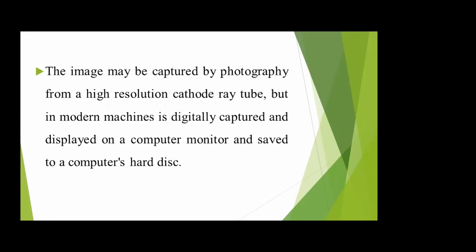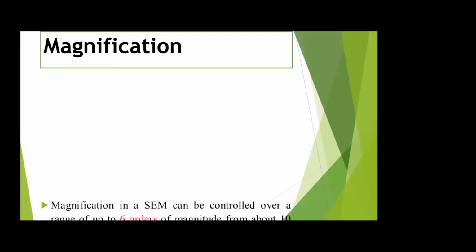The image may be captured by photography. In newer instruments, it is not photography. In the cathode ray tube, the image is created and digitally captured, displayed on a computer monitor, and it can be saved to a computer's hard disk.